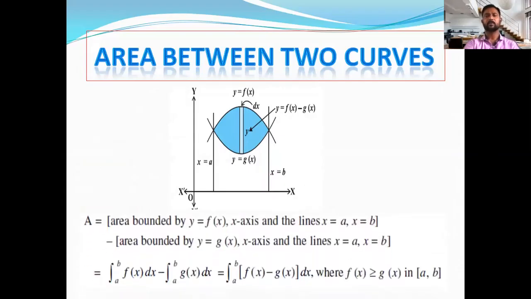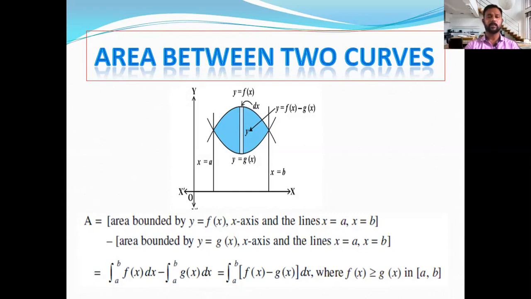The area is equal to, you can guess, the area under the upper curve, so you will get the full region up to x-axis. That area in white is to be subtracted. It is the area under the lower curve, g of x. Therefore, the required shaded area is given by the area bounded by y equal to f of x, x-axis and the lines x equal to a and x equal to b, minus the area under the lower curve y equal to g of x, x-axis, and the lines x equal to a and x equal to b.